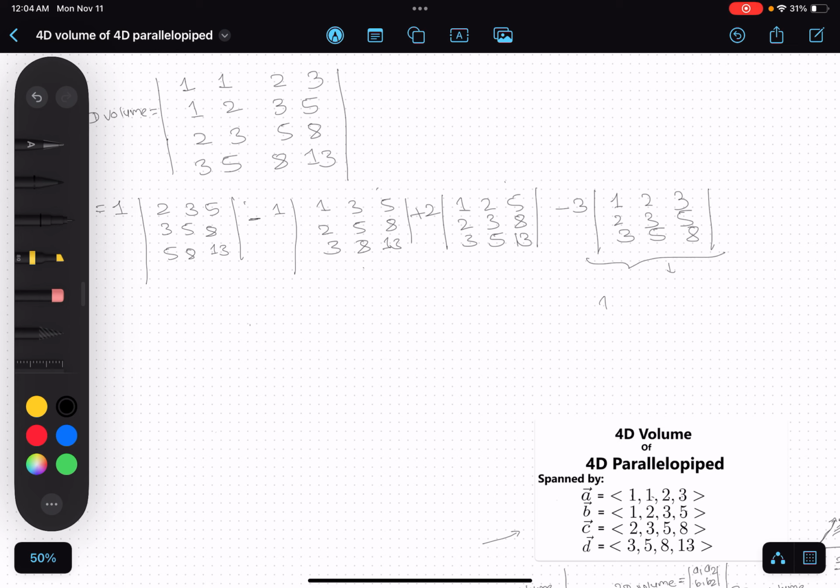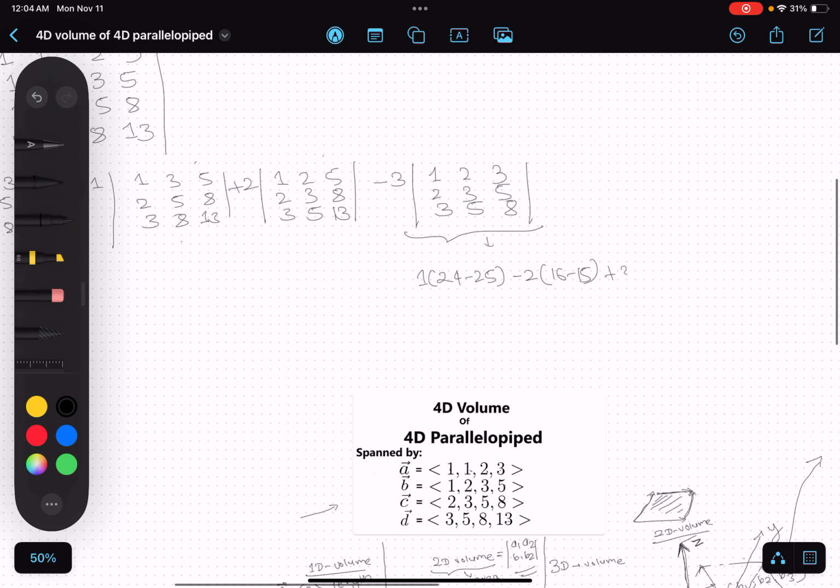So 1 times 24 minus 25, minus 2 times 16 minus 15, and then plus 3 times 10 minus 9. So this is minus 1, this is minus 2, this is plus 3. So minus 3 plus 3, it's 0.